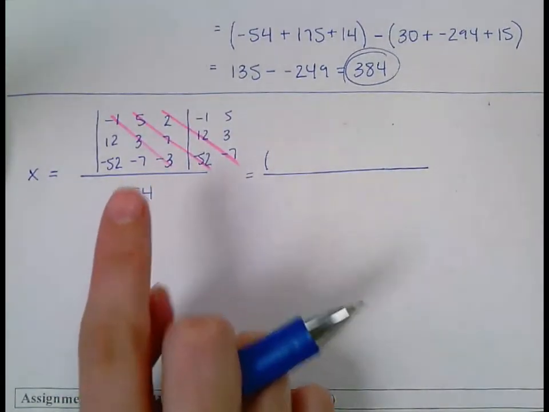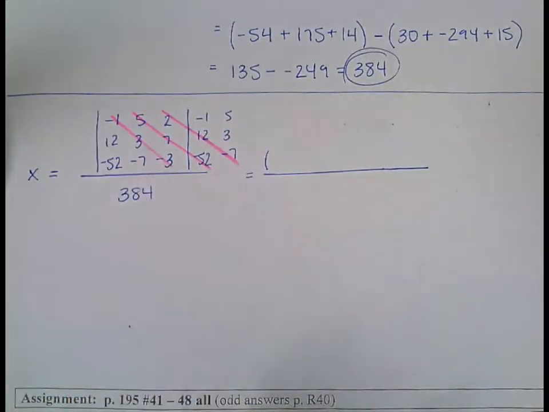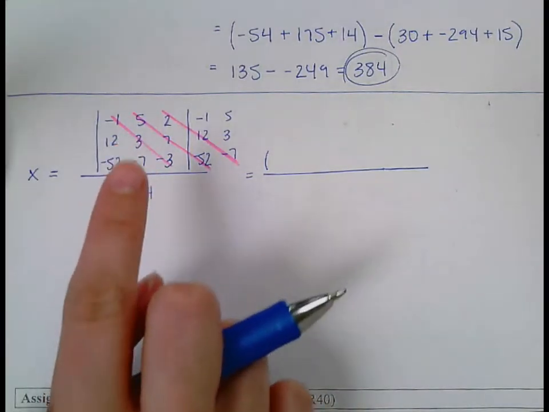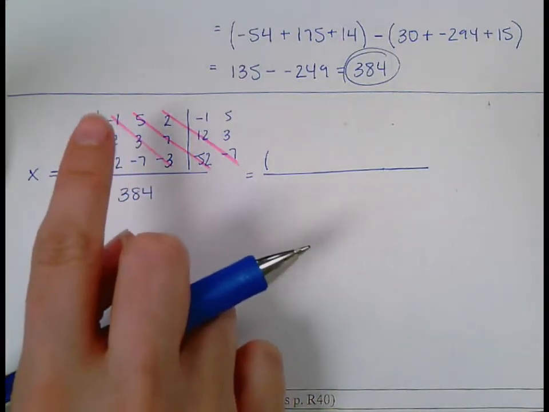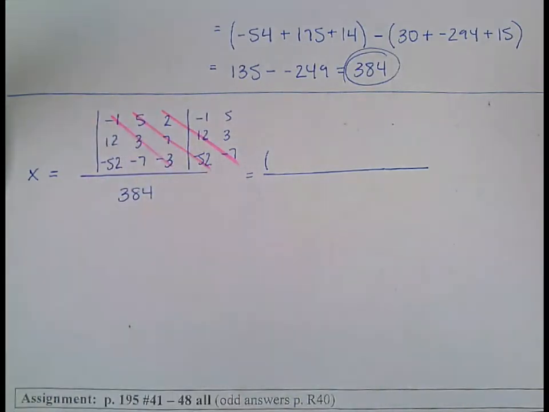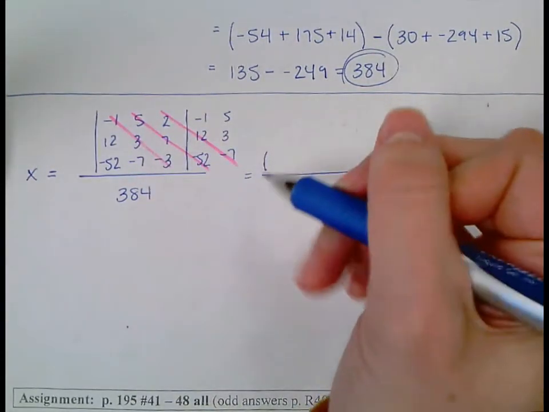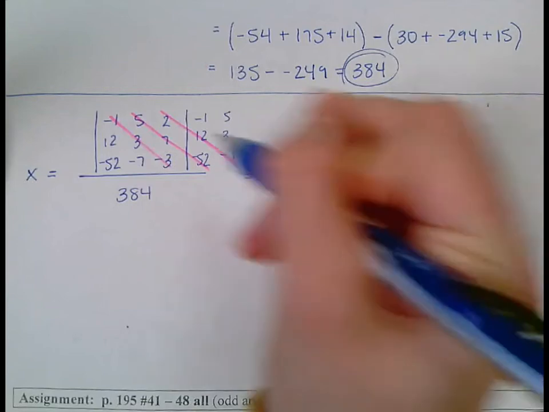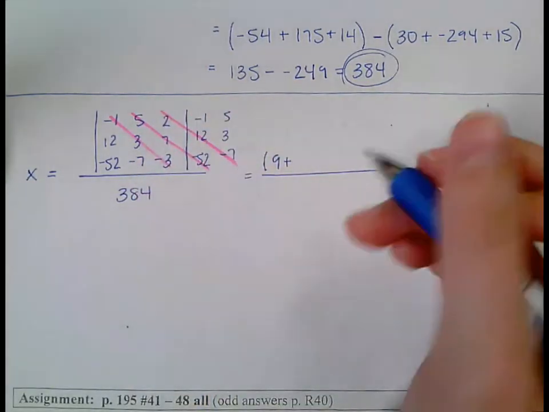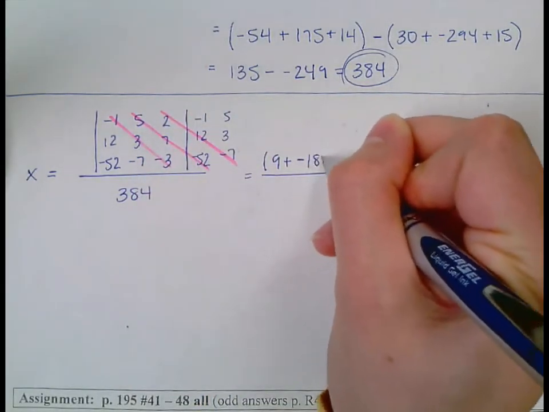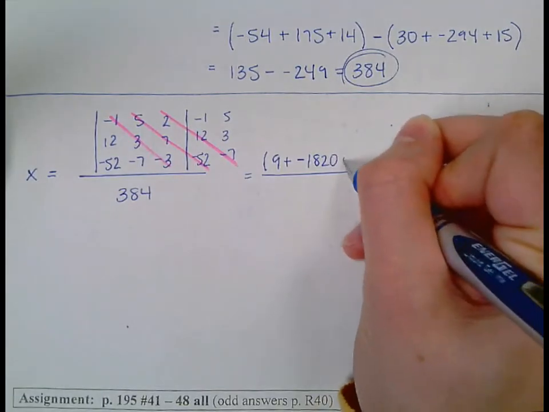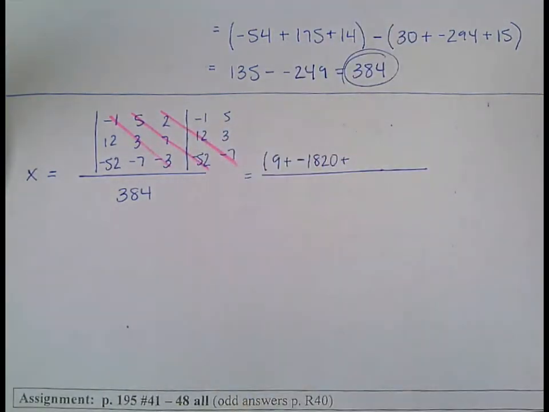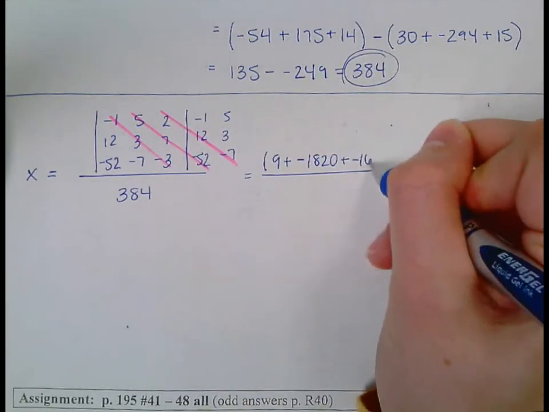Well, if you're working ahead, I will eventually show you what this answer was. So to find x, I have these three diagonal products. I will save us some time here because I know we're getting towards the end, but this first product would be positive 9 plus this second product, negative 1,820 plus the third product, negative 168.